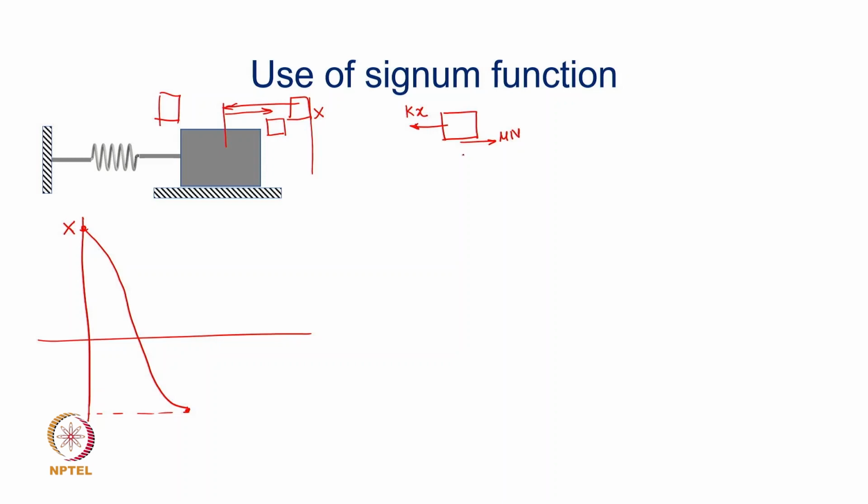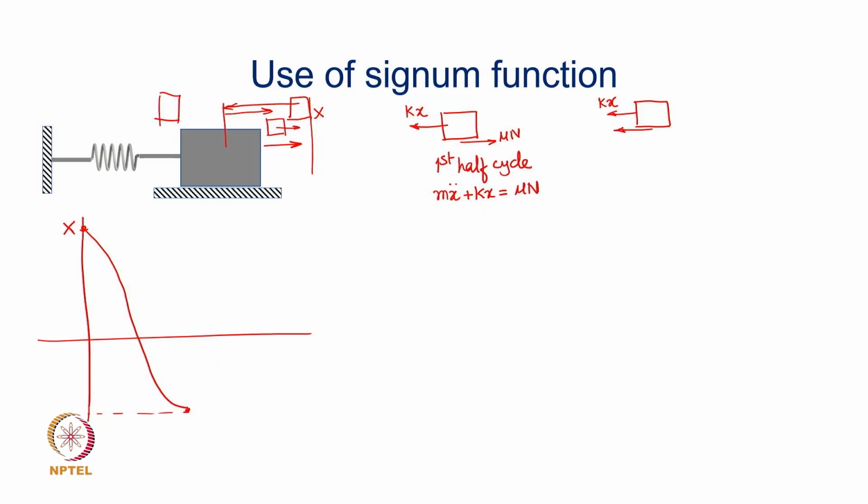And now, for this first half cycle motion, the equation of motion has been obtained earlier as mx double dot plus kx equal to mu n. This is precisely what we derived earlier. In the second half cycle, when the mass is moving from the left extreme to the right extreme point, in the free body diagram the restoring force is still kx, and this motion is happening here.